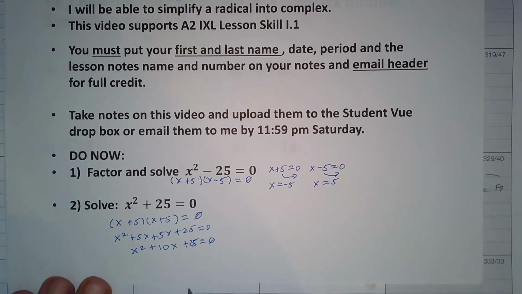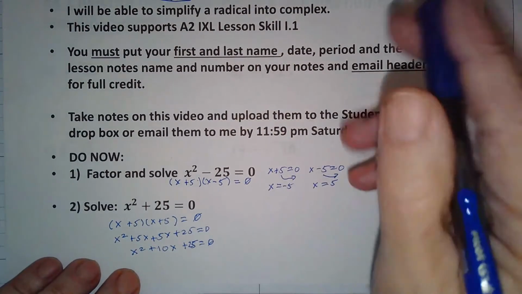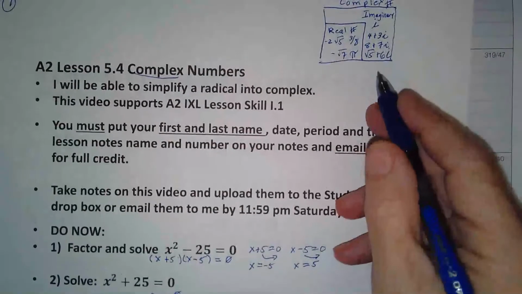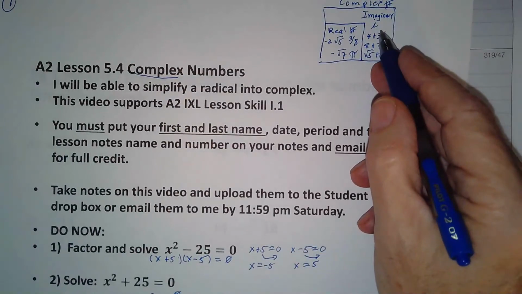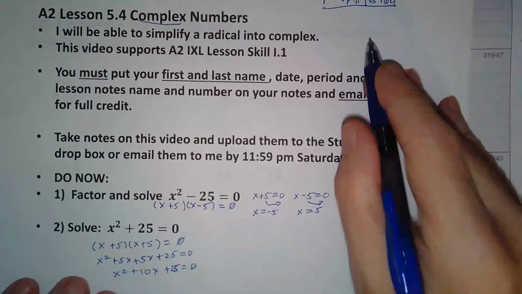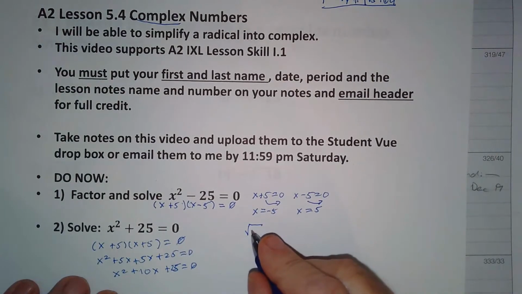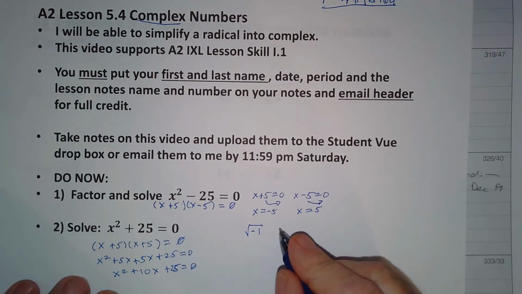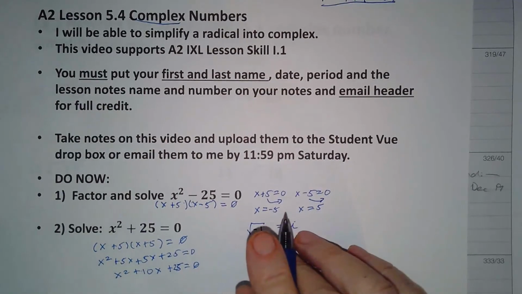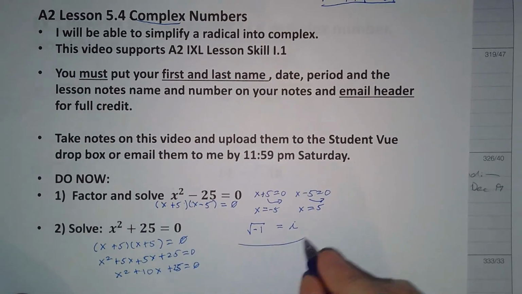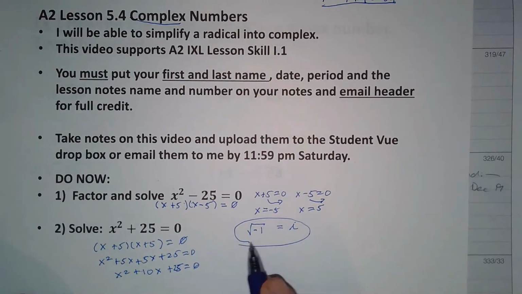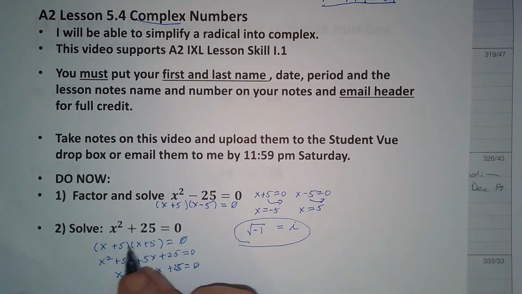So to deal with this, mathematicians invented I. So what is I? What they did was they said let I equal the square root of -1. Okay? And so using this, they were able to actually take care of the situation here that did not work, right?